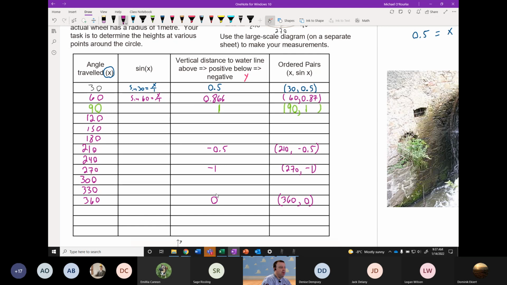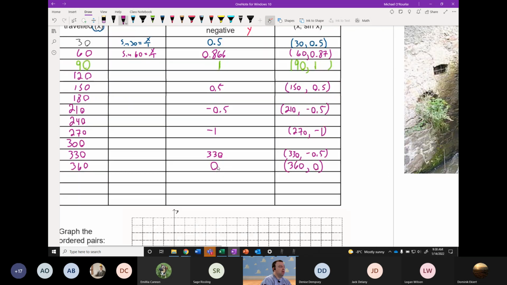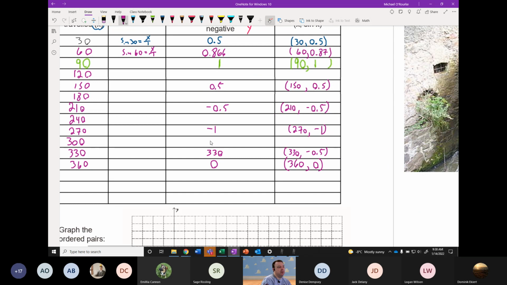330 is -0.5. All right, interesting. 150 is 0.5. Okay. Negative, yeah, okay. Can someone predict what 300 is going to be?